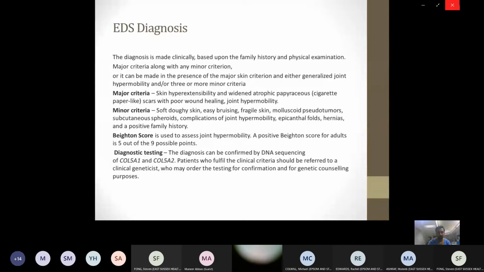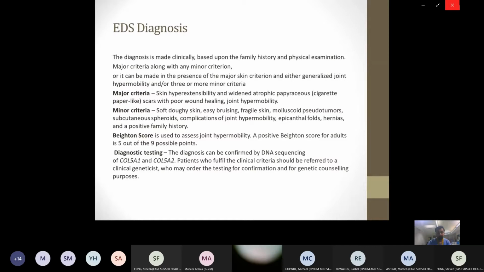Minor criteria involve soft skin, easy bruising, fragile skin, molluscoid pseudotumors, subcutaneous spheroids, complications of joint hypermobility, epicanthal folds, hernias, and a positive family history. The Beighton score is used to assess joint hypermobility, and a positive Beighton score for adults is 5 out of 9.